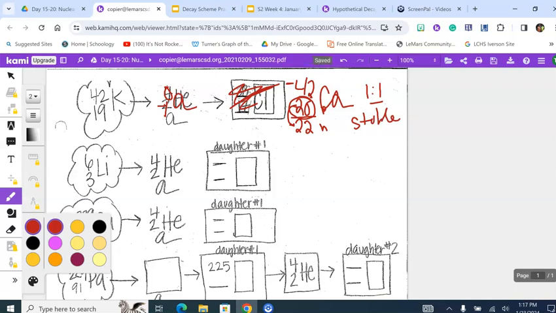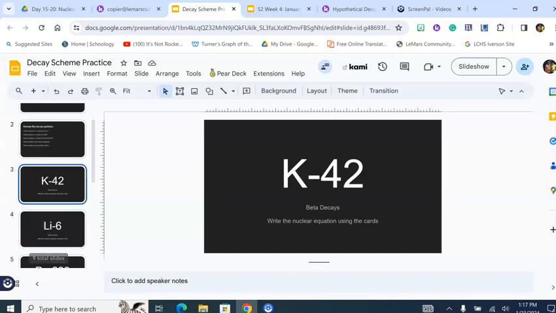Okay, let's go to the next one, the decay scheme practice. Get your Li6 out. Now you're probably going to have to take these cards apart because you're going to be able to use them all. Now notice that your Li6 card is going to alpha decay.